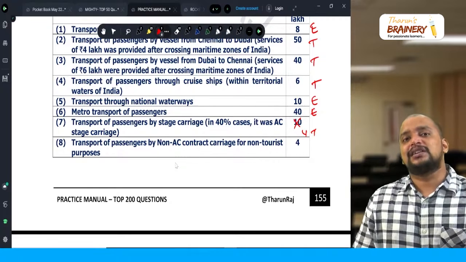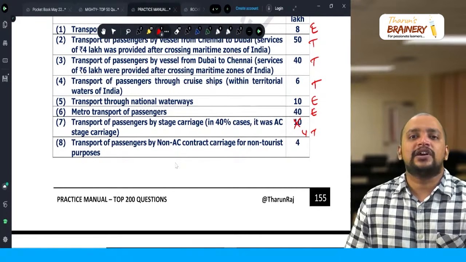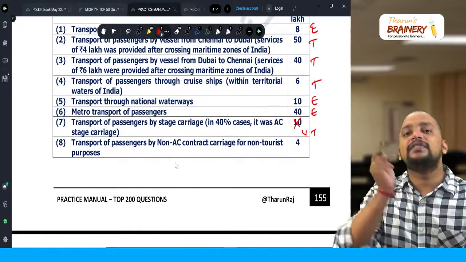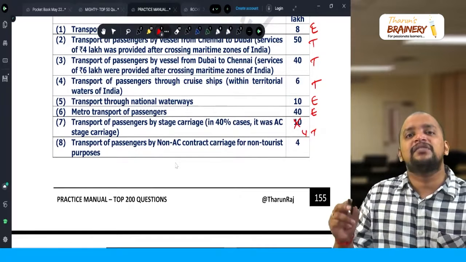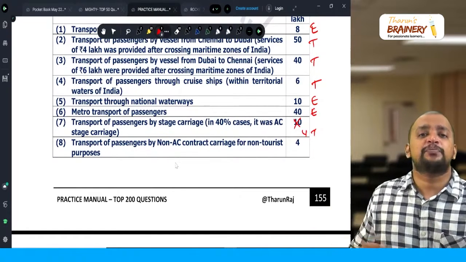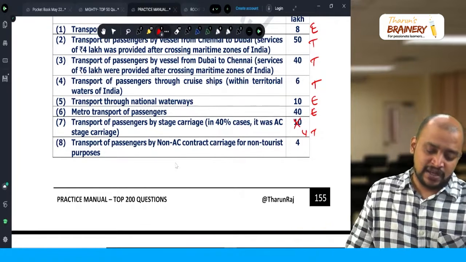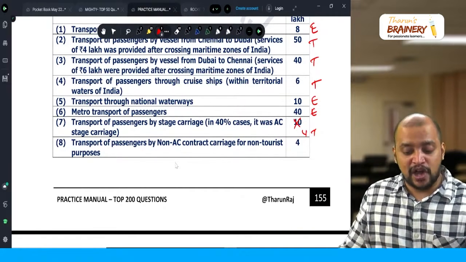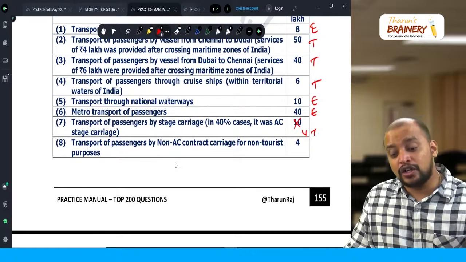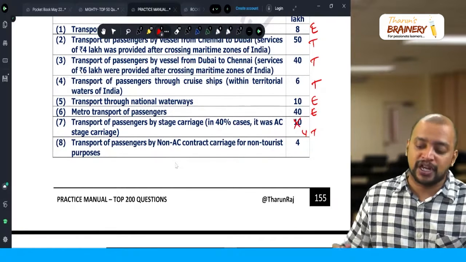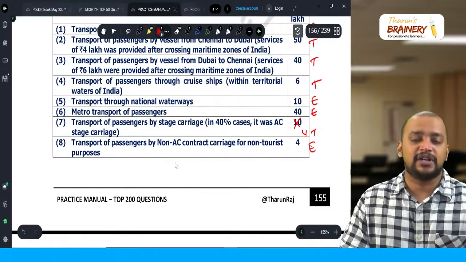Now in this case, for contract carriage, AC, non-AC, we need to check. AC will always be taxable. Non-AC given on hire or for tourism purpose will be taxable. Public transport is exempted. Now see this: transportation of passengers by non-AC for non-tourist purpose, meaning public transportation, is therefore exempted.